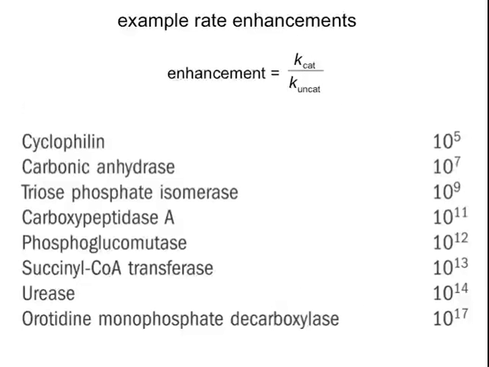And we see that we get these incredible accelerations, right? 10 to the 17th faster in the presence of enzyme than in the absence of the enzyme. 17 orders of magnitude faster for this particular enzyme involved in nucleotide biosynthesis.